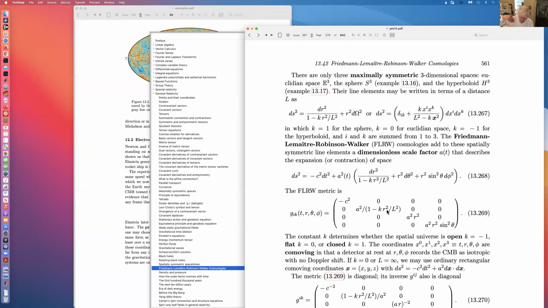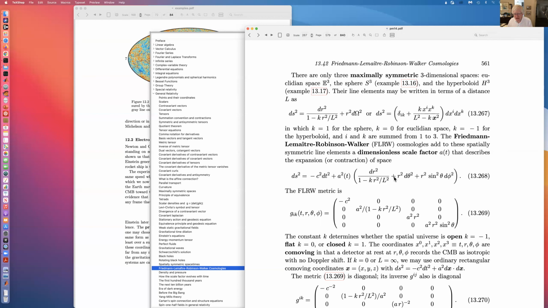And then what we do is we attach to this maximally spatially symmetric universe simply a line of time, and then we say that associated with that line of time is a scale factor, a of t.